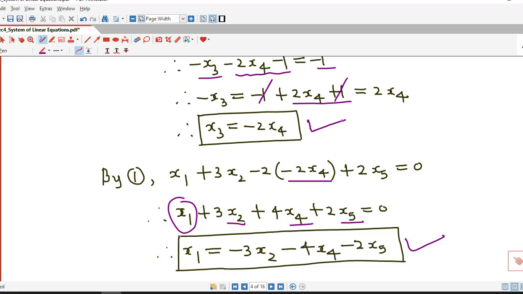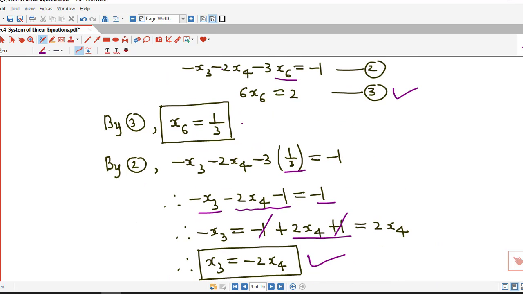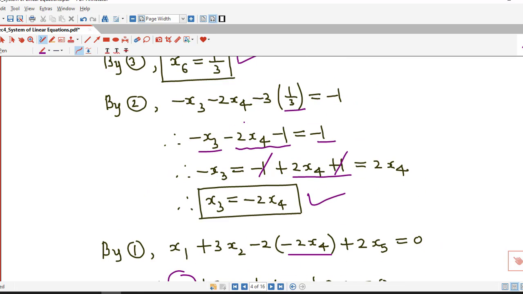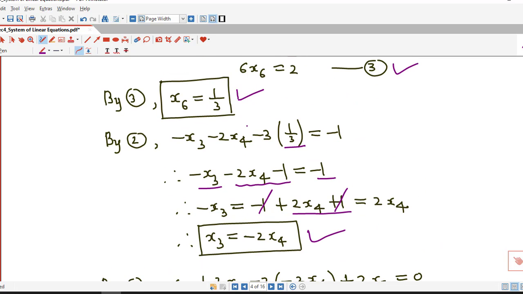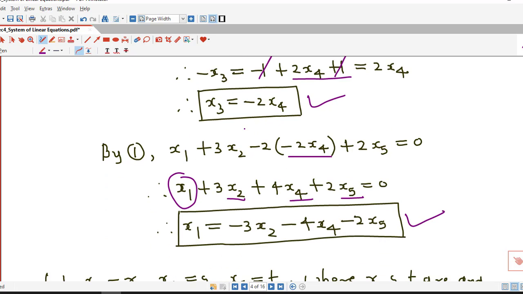Here x3 is expressed in terms of the free variable x4, and x6 is a leading variable, but its value is the constant 1 by 3. So now we have expressed leading variables in terms of free variables. The next step is to assign arbitrary values to free variables.